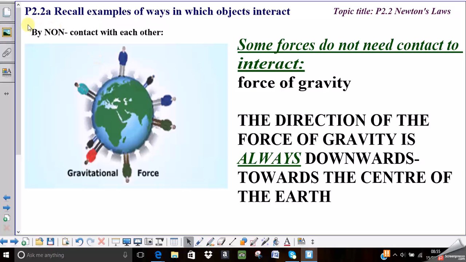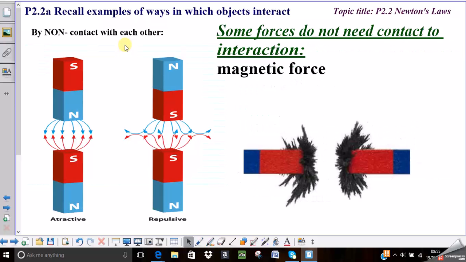Okay, so gravity is a non-contact force. Another non-contact force is the magnetic force, for example, the force that arises around magnets. Here we see this can be attractive. Remember from lower classes, the north and south poles of a magnet will attract each other. There is the magnetic field, that's the field of force that acts on objects around those magnets.